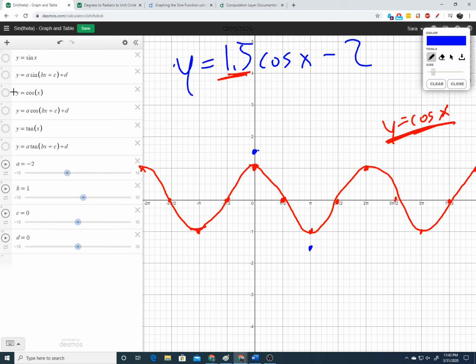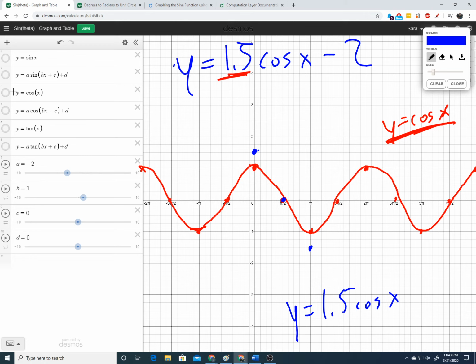I'm not going to... Actually, yeah, let's go ahead. Because I'm only graphing right now y equals 1.5 cosine of x. I'm not going to worry about the vertical shift yet. One thing that I do recommend when you're graphing one of these functions by hand is that you only try to work with one transformation at a time.